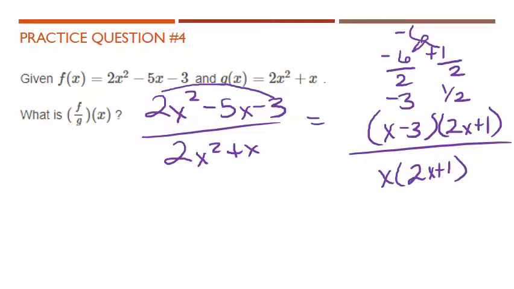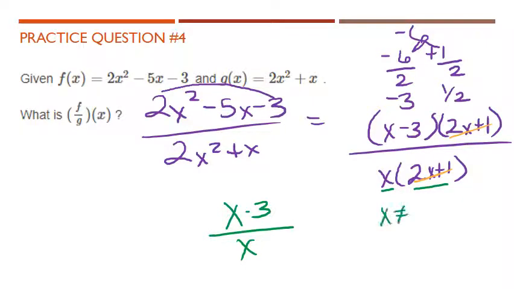All right, so notice that your 2x plus 1s cancel out. And you're left with x minus 3 over x, okay, so that's what you're left with, where we still need to restrict the domain, okay, because you can't have certain numbers in the bottom. You're going to have some holes. So we're going to have to set the x part and the 2x plus 1 equal to 0.